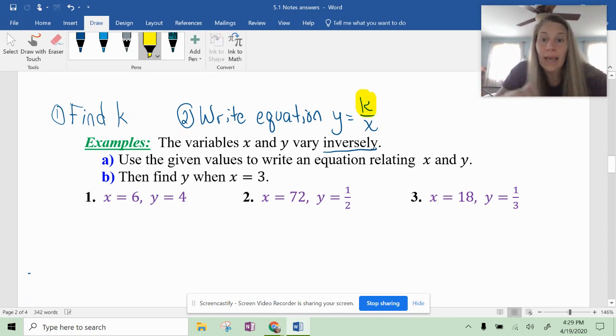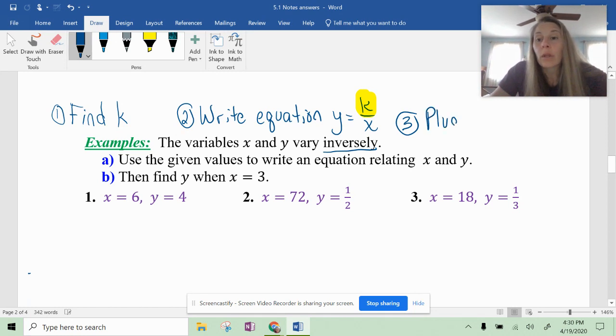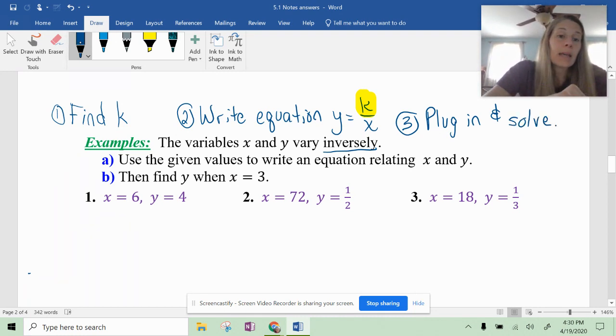It's just that k that's going to be substituted for. And then 3, plug in and solve, and you'll see what I mean with that in a minute. And of course, to find k, since this is inverse variation, remember k is x times y.